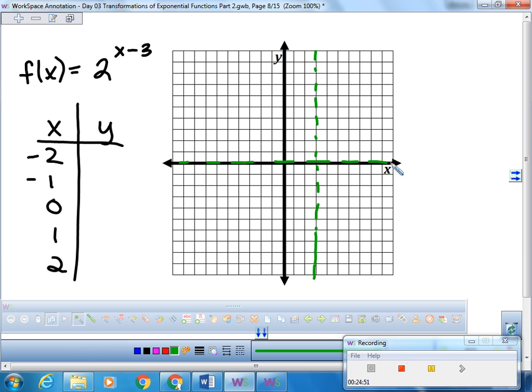So your new 0 should be 3. And your next 1 should be 4. And your next negative number should be 2. Right? We're on the right track. I know what you're talking about, right?